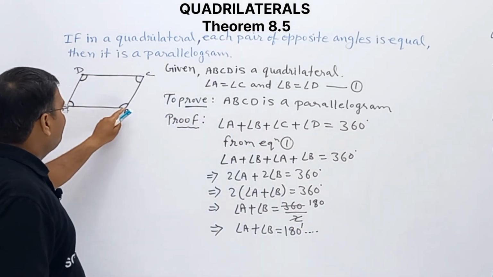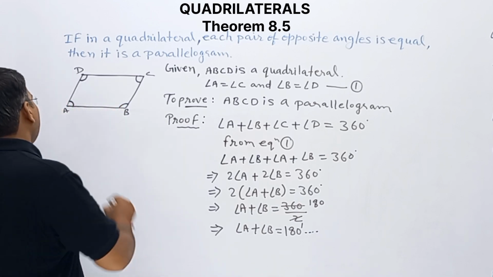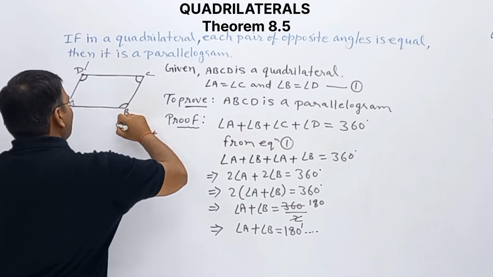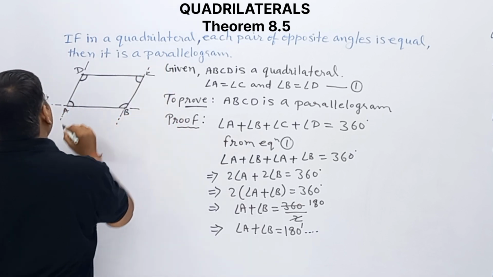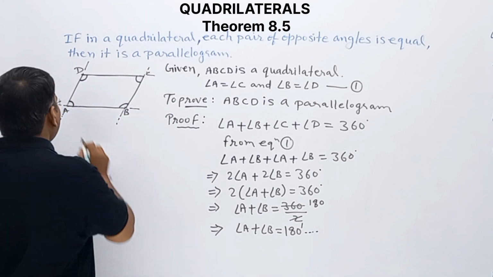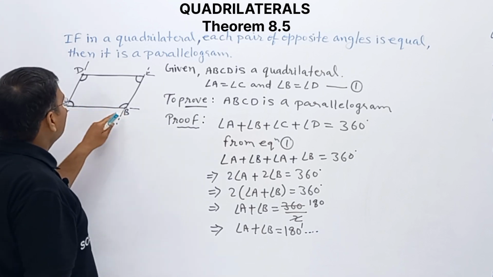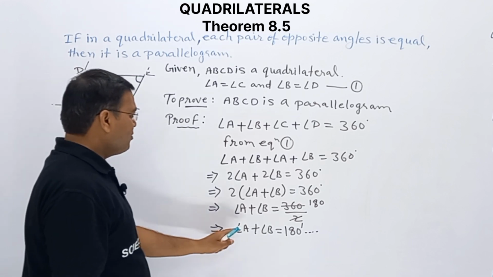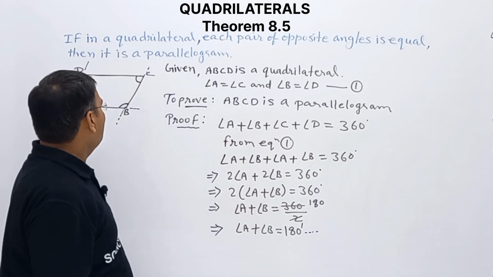And what is the meaning of this? Angle A plus angle B, the sum of both angles, is 180 degrees. It means one is this line, another one is this one, and this one is the transversal. If two parallel lines are there and one transversal is intersecting, then the sum of interior angles on the same side of a transversal will be 180 degrees.